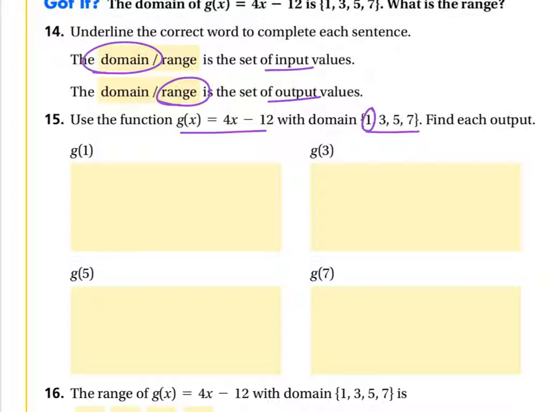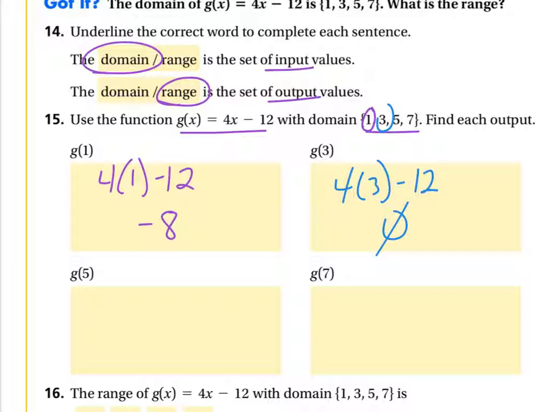So g of 1 is 4 times 1 minus 12. Well, 4 minus 12 is negative 8. g of 3 is 4 times 3 minus 12. That's 12 minus 12, which is 0. If I put 5 in, that's 4 times 5 minus 12. That's 20 minus 12, which is positive 8.